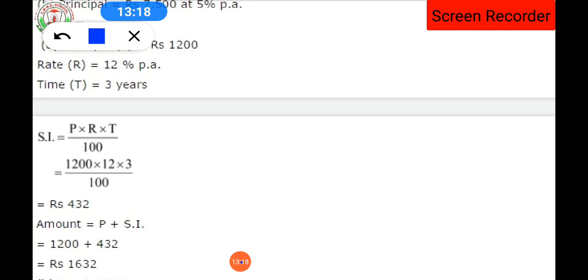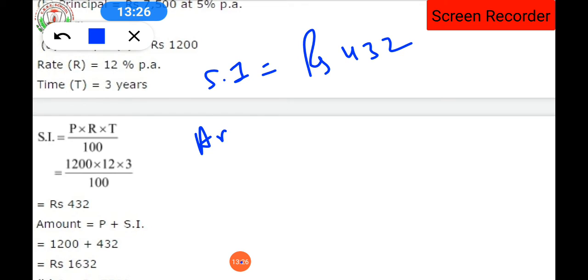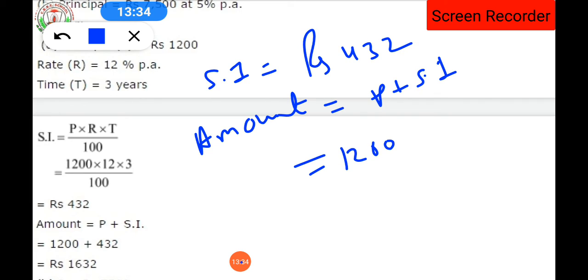Now after that, when we get the simple interest as rupees 432, and it is asked to find the amount. So amount is equal to principal plus SI. What principal do we have? The principal we have is 1200, plus the simple interest we have, rupees 432.